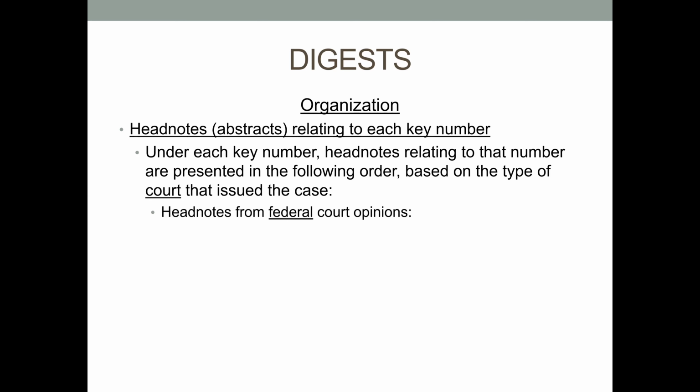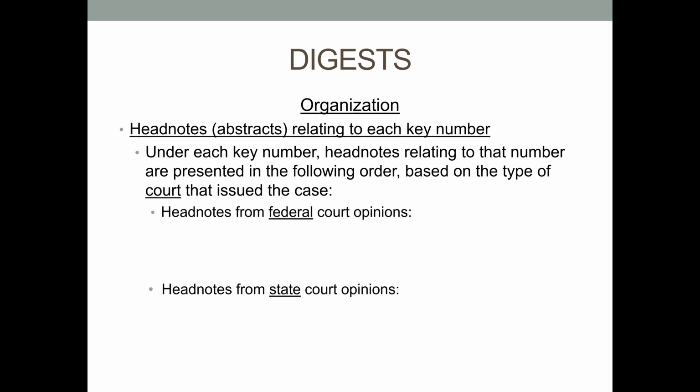And these headnotes will be reorganized according to the type of court that issued the case. So under each of these subtopic key numbers in the digest, the headnotes that relate to that subtopic will be organized first by federal courts and then by state court opinions.